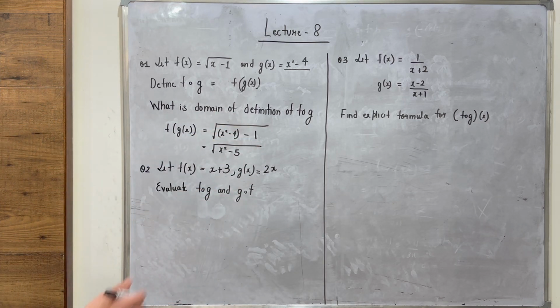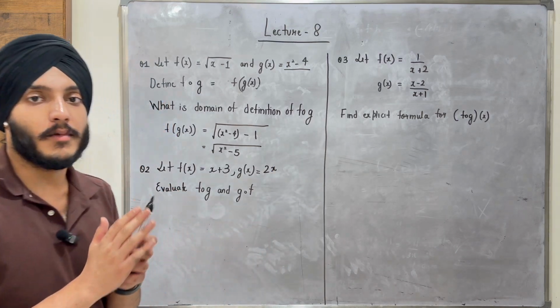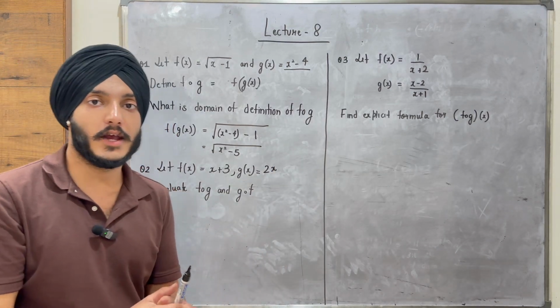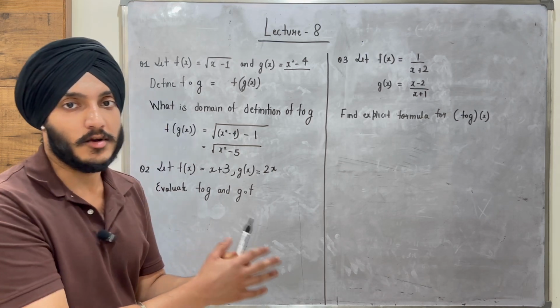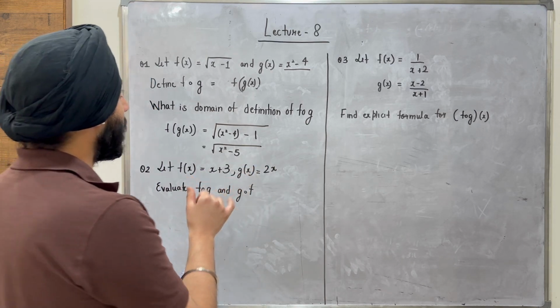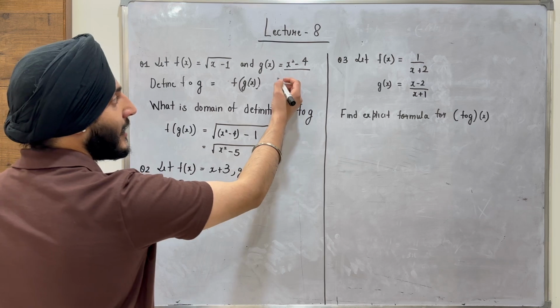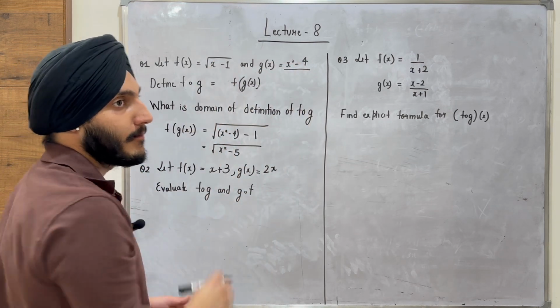Okay, so let's try to understand the domain of definition of f o g. Once again, let's look at the definition: domain of definition basically means all those elements that have an image, right? Now over here, whatever value I get from this function g, I need to input into this function, right?